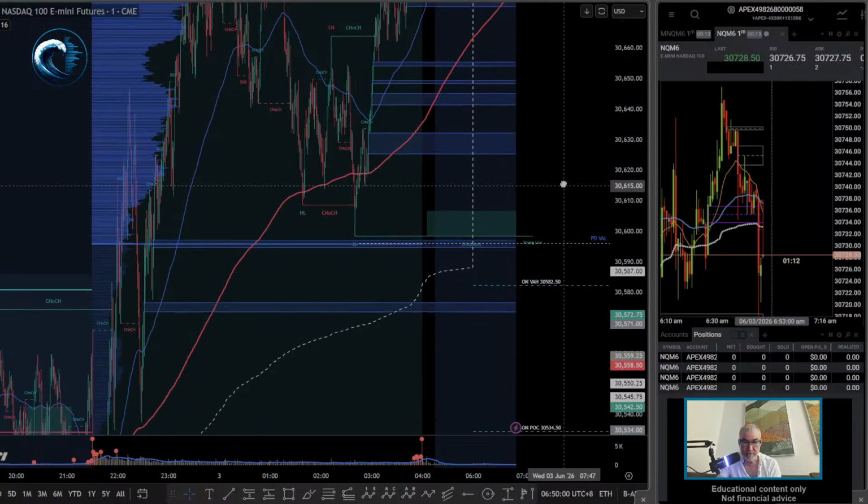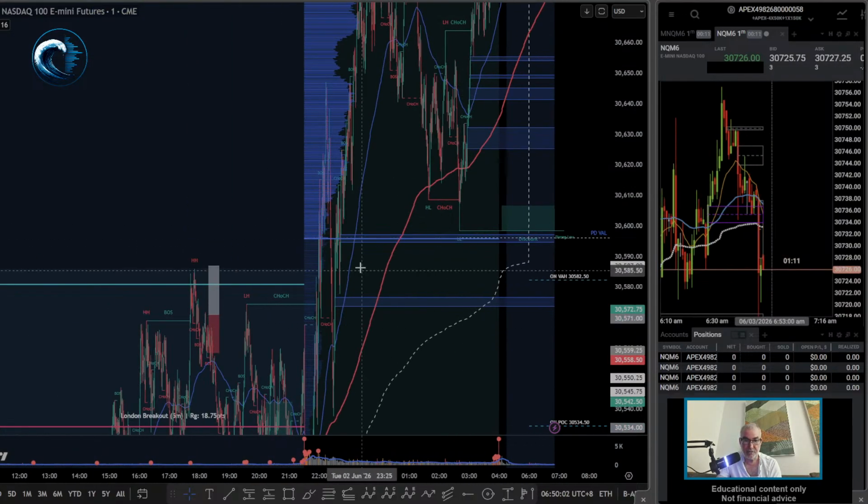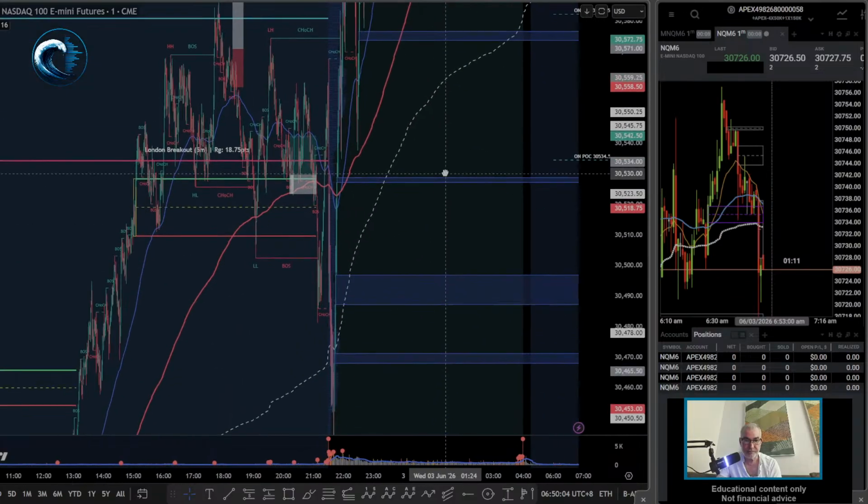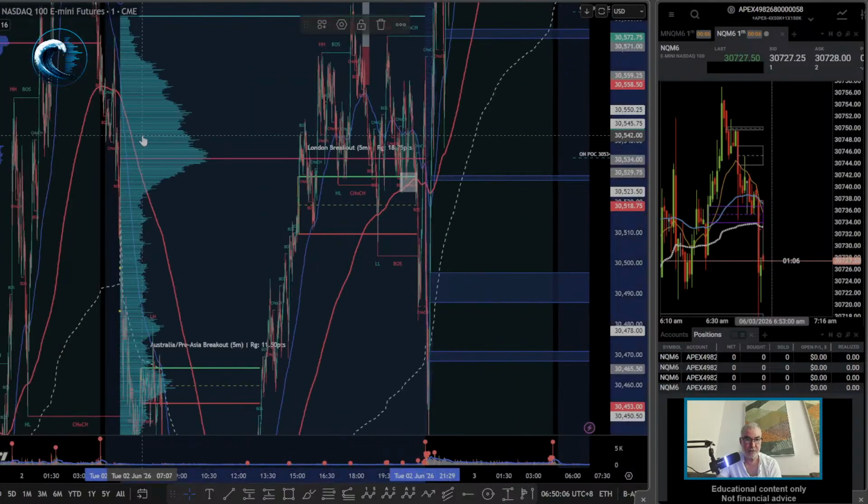And then I use the overnight, which is the 6 o'clock start. So that would be 6 o'clock Monday, New York, until the 9:30 open of the US session.